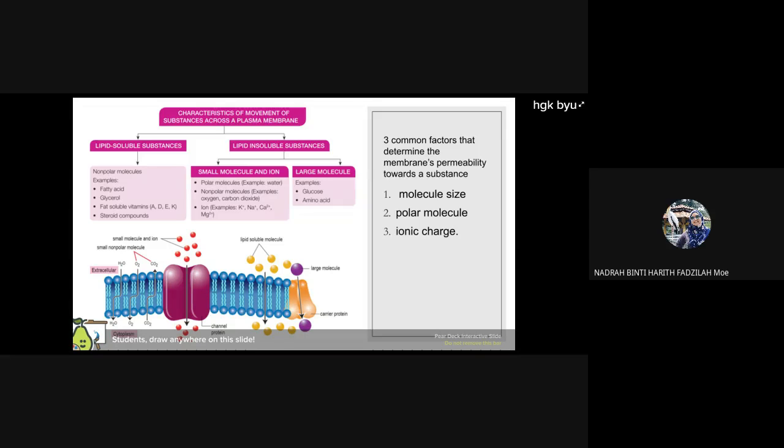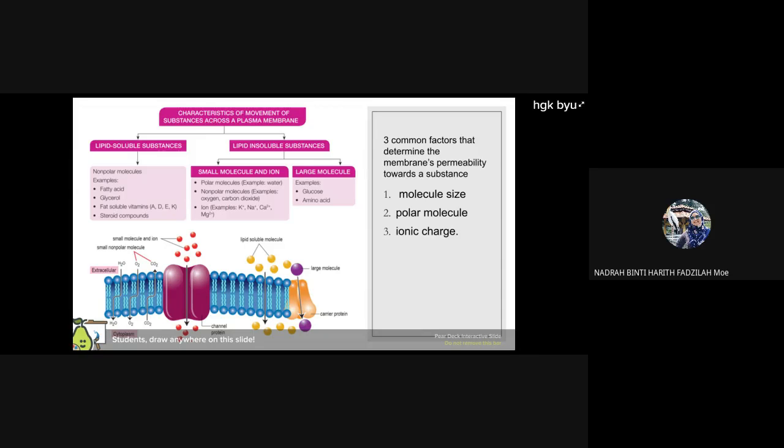As I mentioned here, the first factor is whether the substance is lipid soluble or not. Faktor yang pertama ialah substance tu boleh larut lemak atau tidak, nombor satu. Nombor dua, saiz molekul sama ada besar atau kecil.